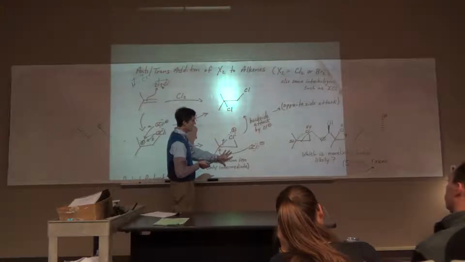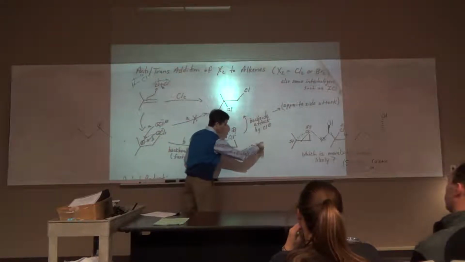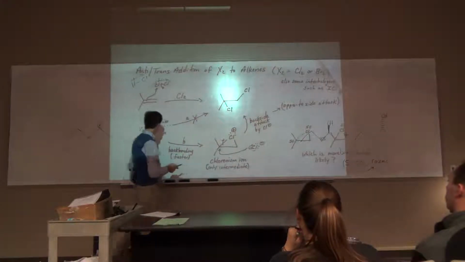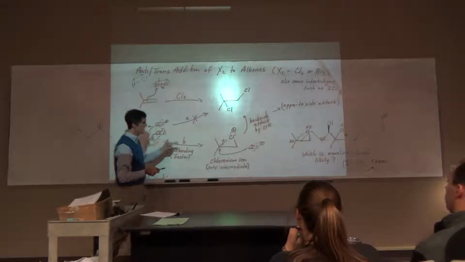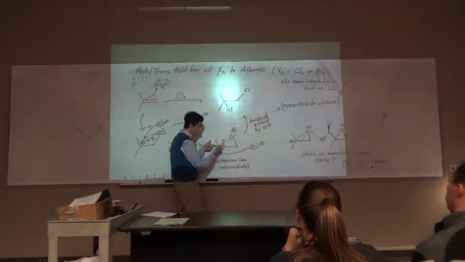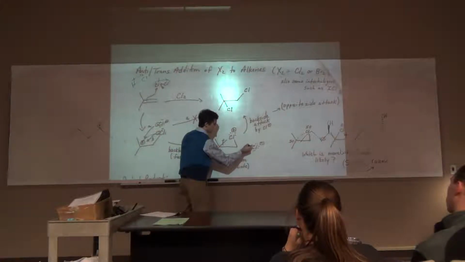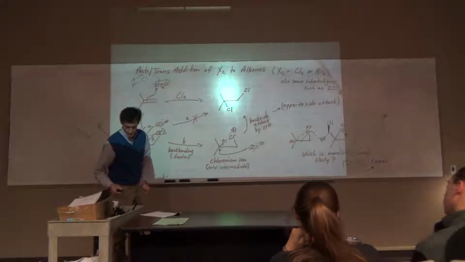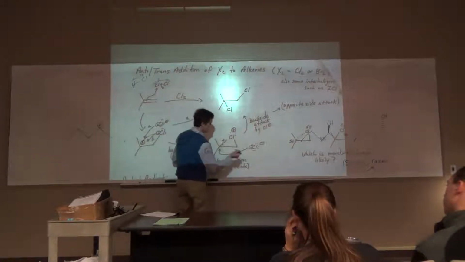From here, now that external chloride comes in, and it attacks the same carbon as the cation, but it attacks a carbon that's back bonded. And these electrons come in, just like we got here.